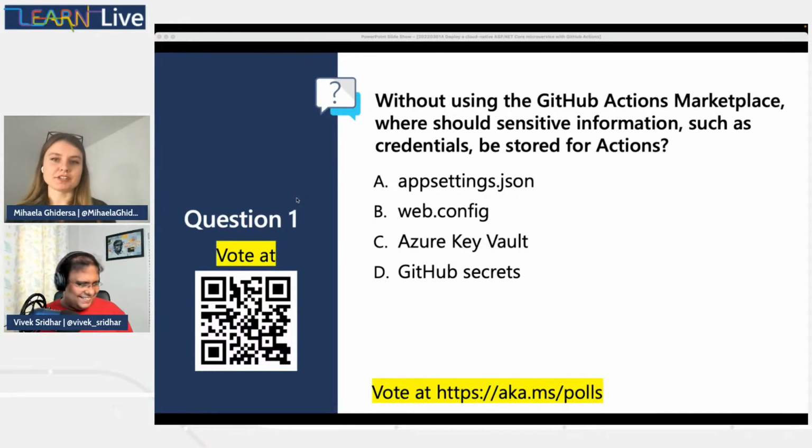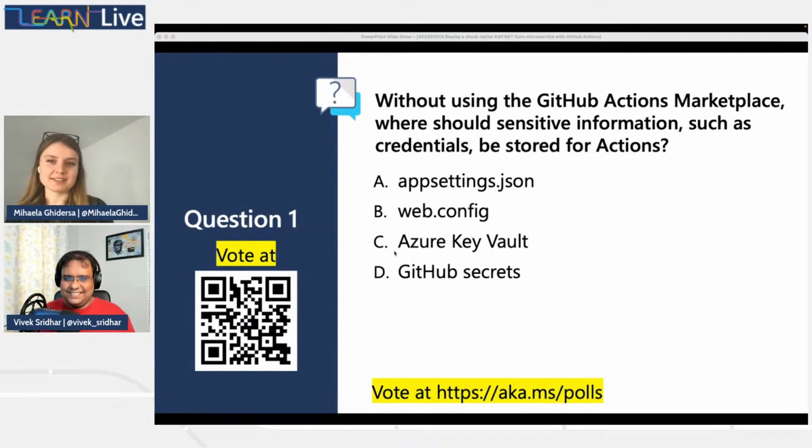Then we have the Azure Key Vault. Yes, it helps us with keys and secrets used by cloud apps and services. And then we have the GitHub secrets. We mentioned that Azure Key Vault is about sensitive information, but we were talking about GitHub Actions marketplace.